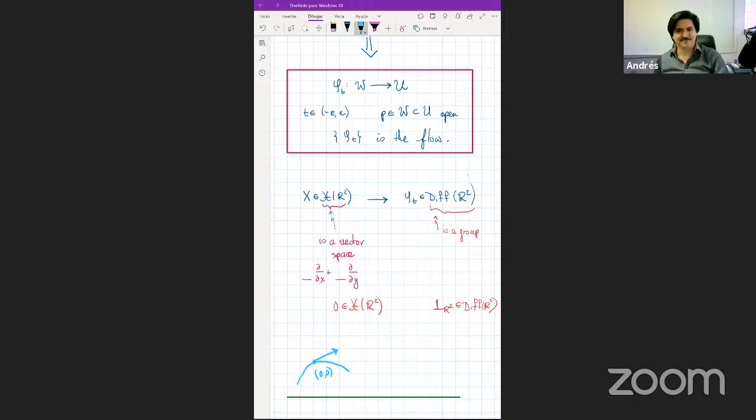Okay? So if I have a vector, only one vector, I'm not talking about vector fields, if I have one vector in R2, you are able to tell me how to construct a curve that goes through that point, and the derivative is that vector. Most of you agree on this?